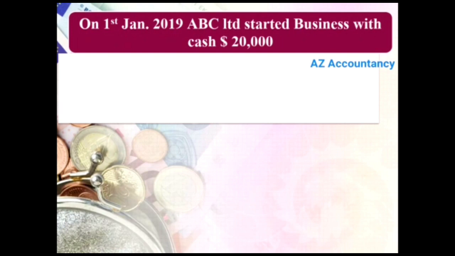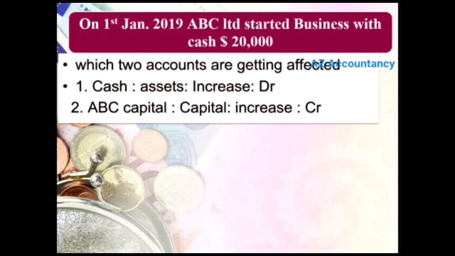And second, which we can understand, the business started with cash. So whatever the cash is put into the business, it is our capital. So we got identified 2 accounts. One is cash account and second is capital account. So you can see we identified very correctly cash account and capital account.